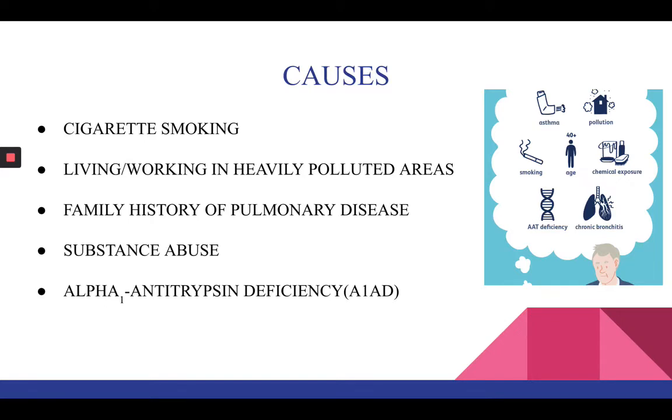Substance abuse with substances that can be smoked or inhaled can be irritants to the lungs. Lastly, individuals that are deficient in alpha-1 antitrypsin, A1AD, can get COPD because A1AD is an enzyme that protects the lung tissue from injury. Lack of this enzyme will increase chances of patients acquiring COPD.